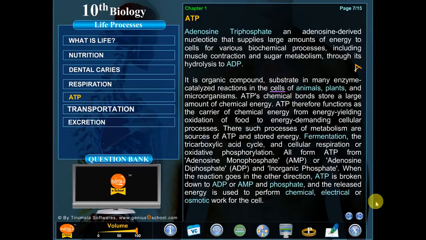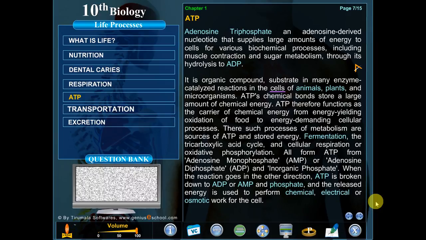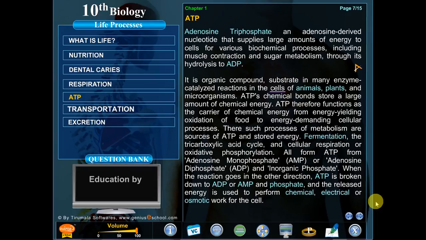ATP, adenosine triphosphate, an adenosine-derived nucleotide that supplies large amounts of energy to cells for various biochemical processes including muscle contraction and sugar metabolism through its hydrolysis to ADP.